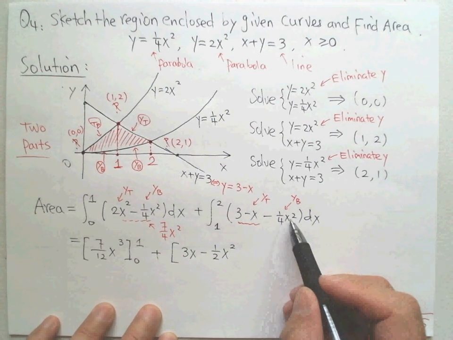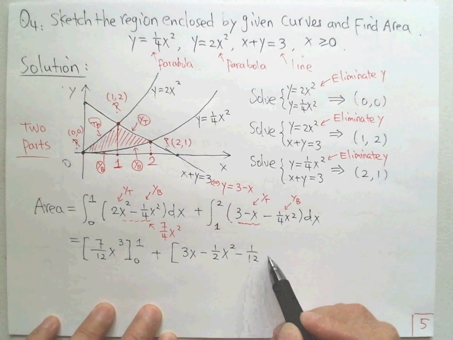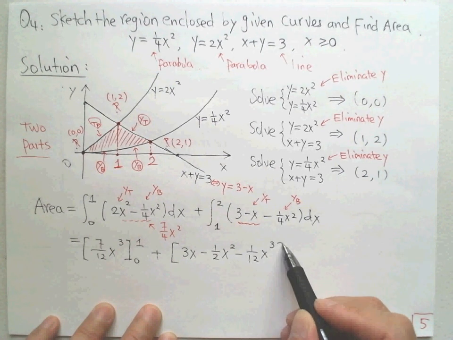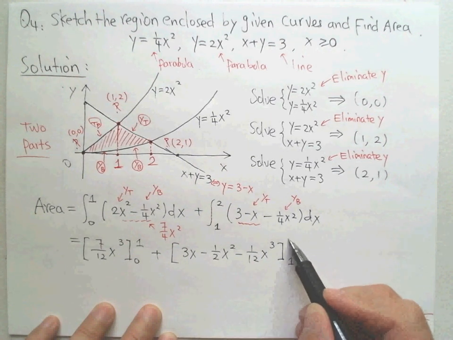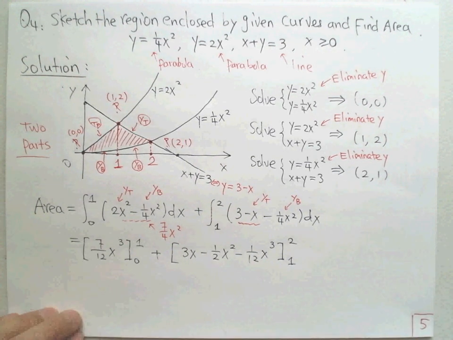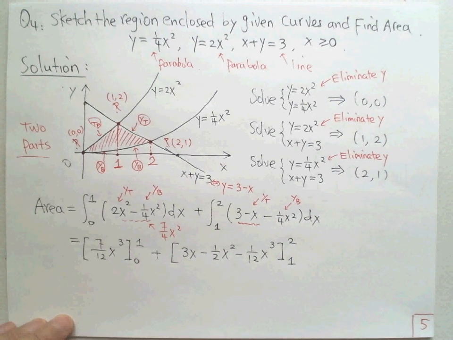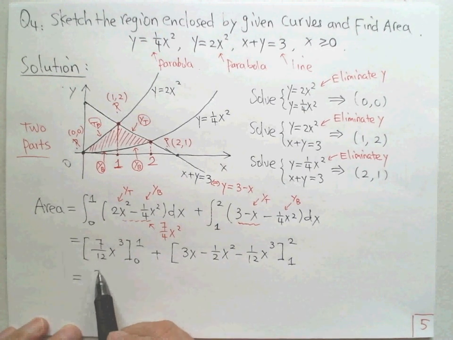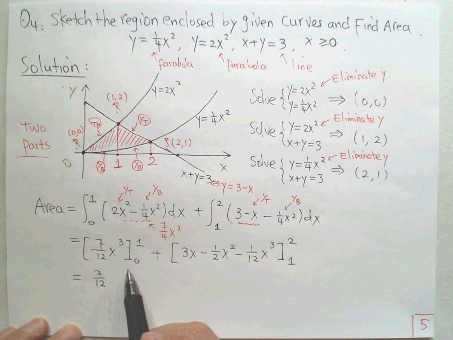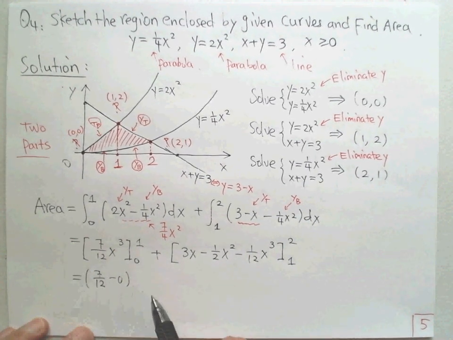So 3 is 3x, minus 1/2 x squared. This is the power, so x to the third divided by 3. 4 times 3 is 12, x raised to the third power. This is the antiderivative. Find the difference from 1 to 2. The last one, just plug everything in. I just skip this plugging. Okay, I put in everything.